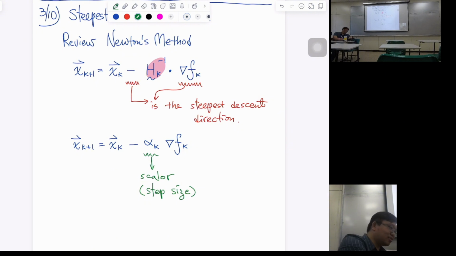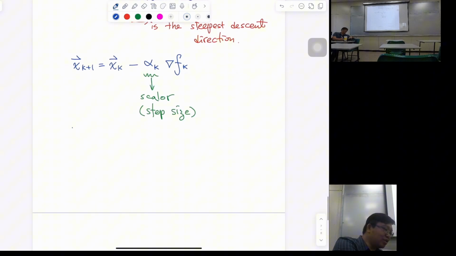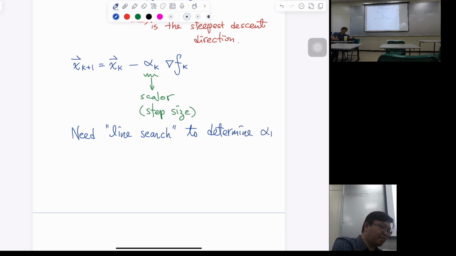We need a process called line search to determine alpha k. If I know alpha k, then I know how far I will be moving forward along the negative gradient direction, which is the steepest descent direction.